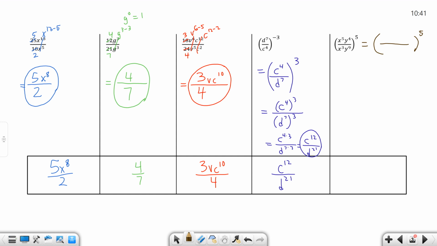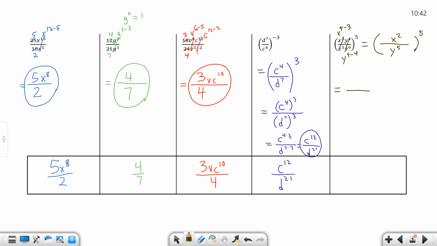So x is 5 and 3, so the bigger number's up top, x to the 5 minus 3, so that's x squared. What about y's? Well, the bigger number for y is in the bottom, so down here there's going to be y to the 9 minus 4, which is y to the 5th.